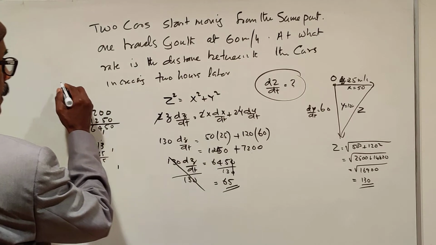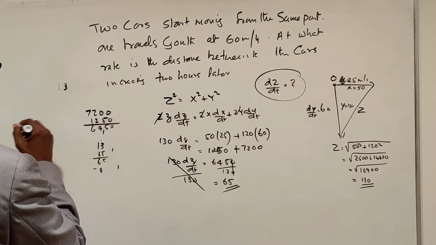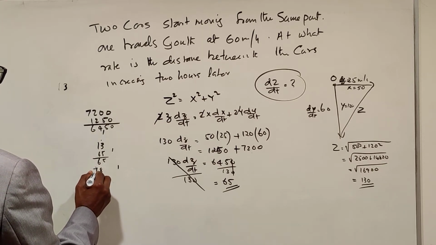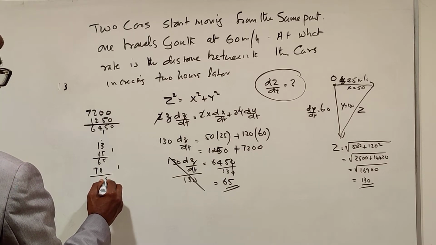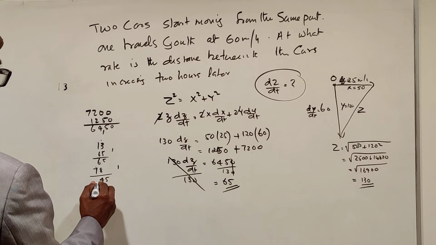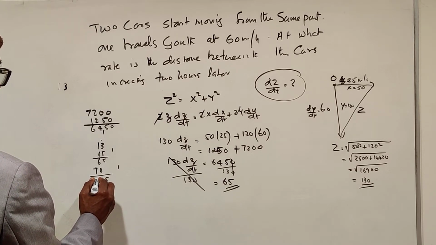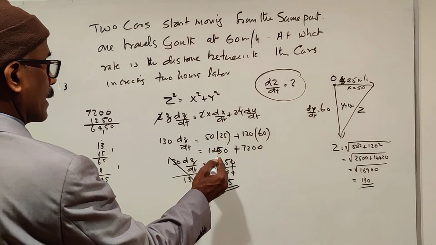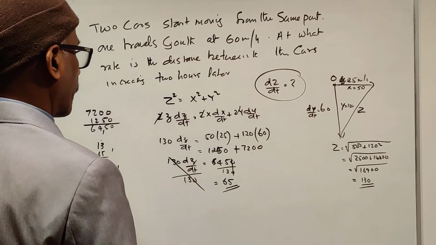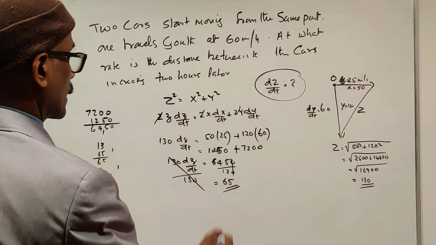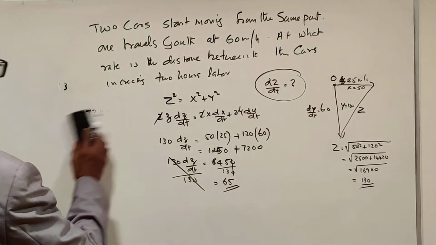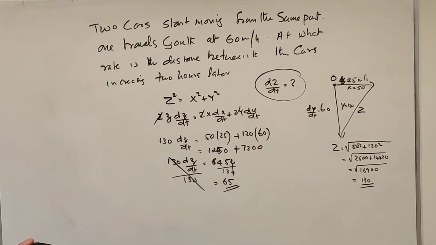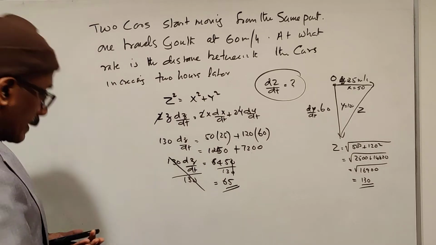Zero cancel. Yeah, 65. That's right. So this is the answer. Okay, 65 is the answer.